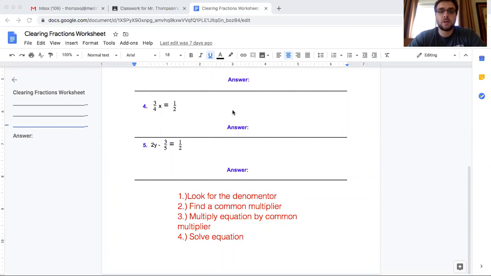I know that this is different because when it comes to fractions, I think a lot of the times we make ourselves nervous, but I want us to get into the habit of looking at that denominator and solving the equation from there. So look at the denominator first, find a common multiplier, multiply the entire equation, even if it's a whole number, by that common multiplier, solve the equation then, and you'll get y equals.